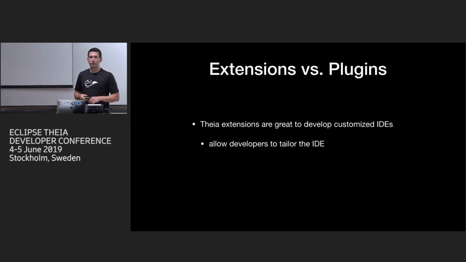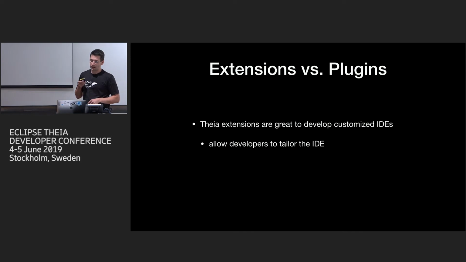And if you want to create products, like we've seen with a lot of examples yesterday and today, you want to have some kind of branding. You want to contribute some special functionality which is not covered by that API. You would need to write Theia extensions.